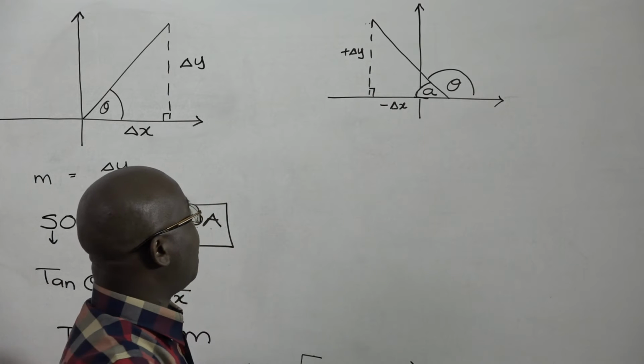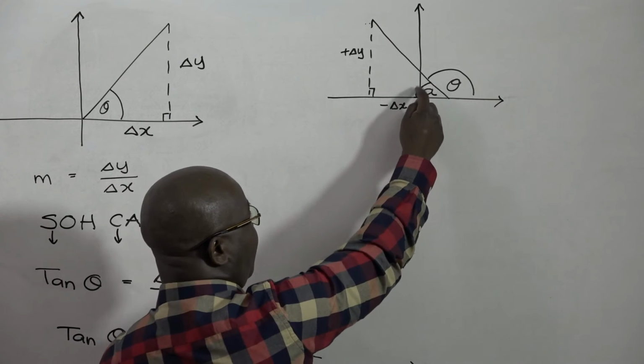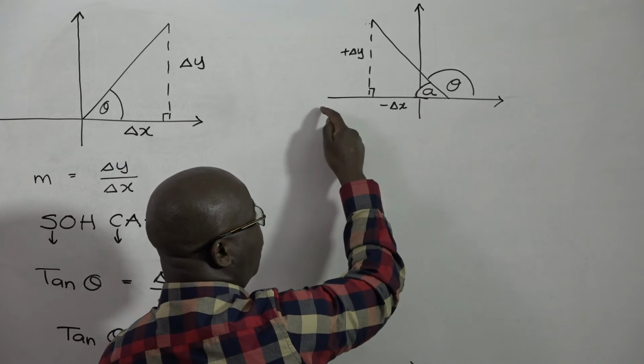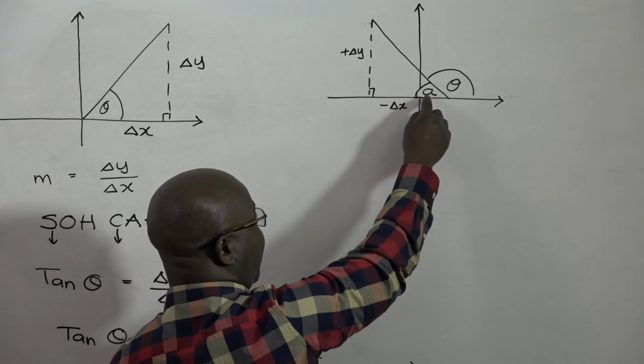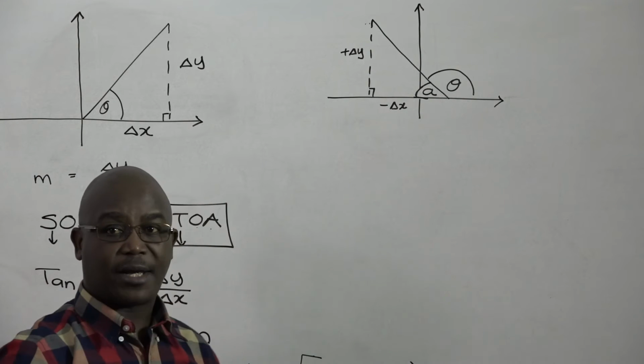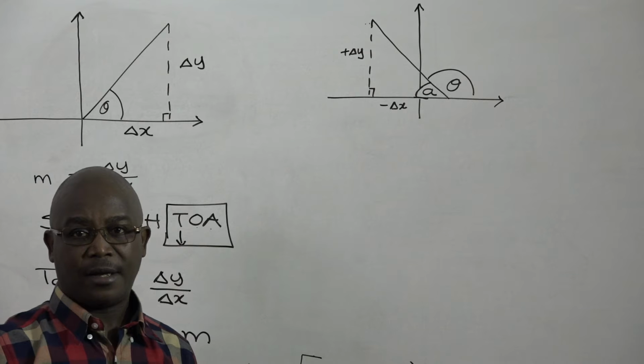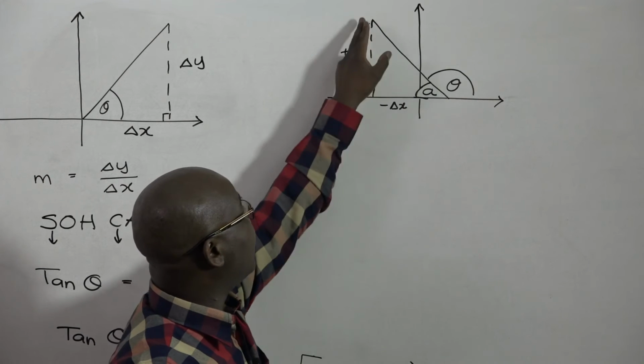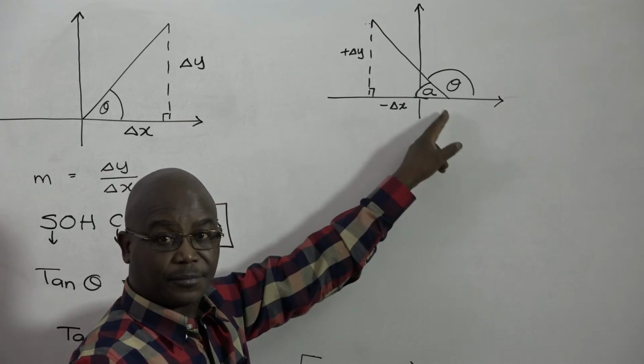So in the meantime, I've introduced an A, the angle that is formed between the left side of the axis and the graph, and I've called it A. And that becomes our reference point. It is our reference point because it forms part of the right-angled triangle.